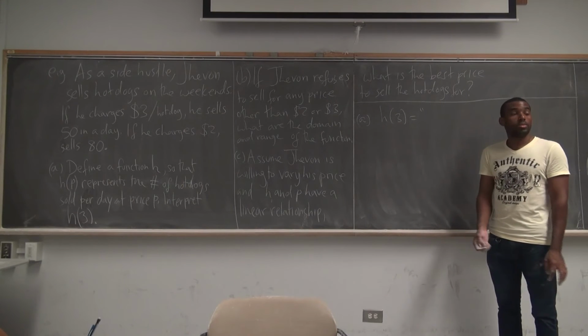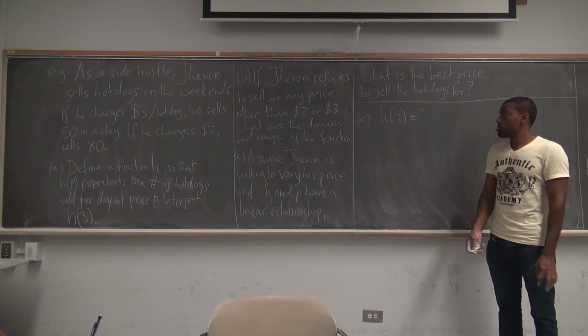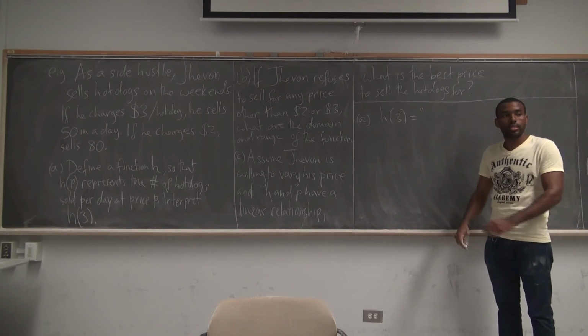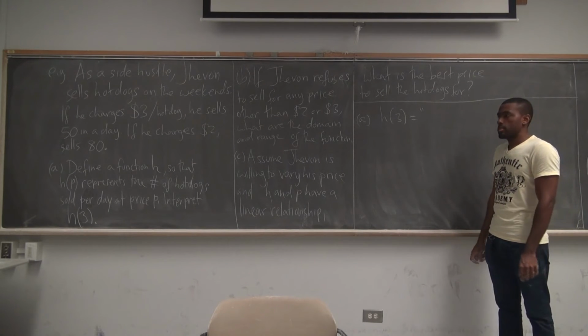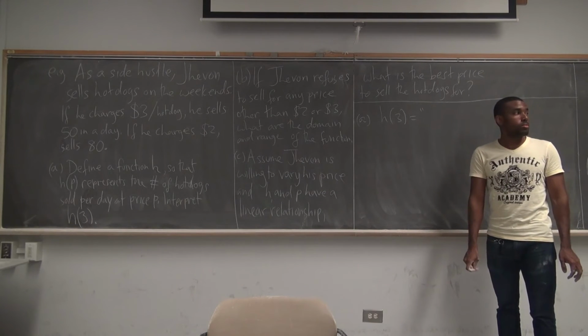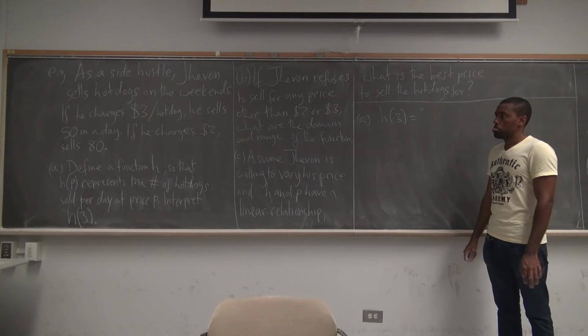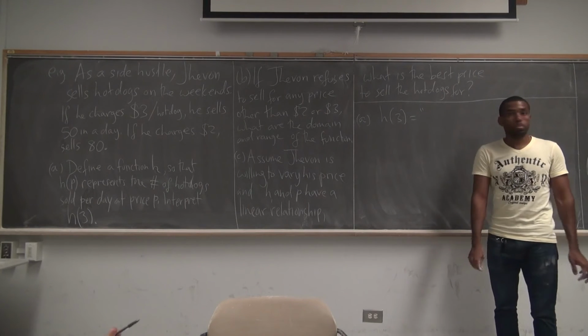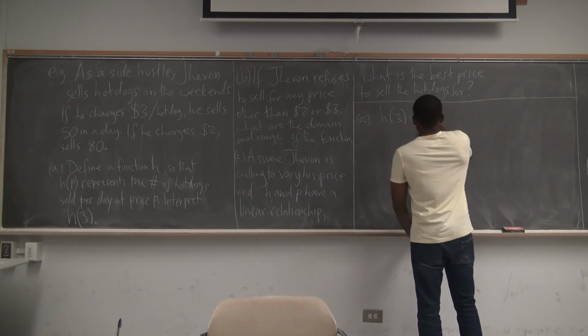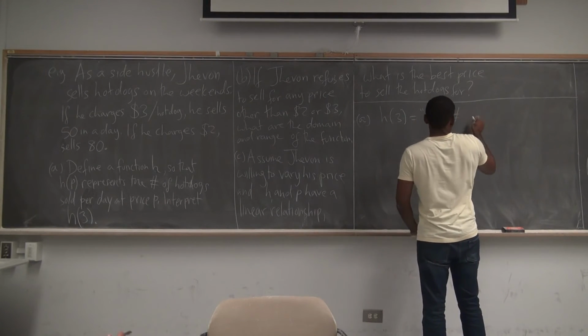Look at how the function is defined. I want an interpretation, a sentence, a phrase. Yeah? The number of hot dogs sold at price $3. The number of hot dogs you will sell at a price of $3.